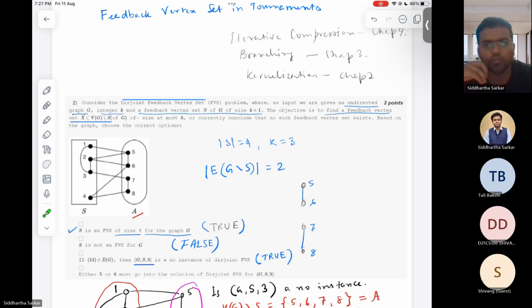So I'm asking that if you do not include 5 and 6 into your feedback vertex set, and you are forced to form the feedback vertex set from this vertex set A only, then which cycle will definitely not be destroyed?